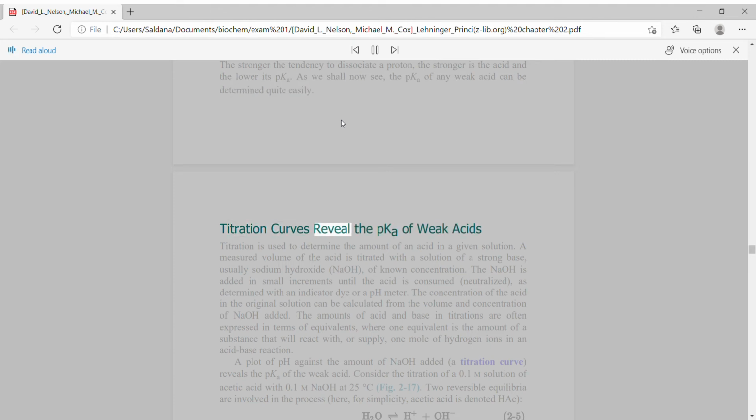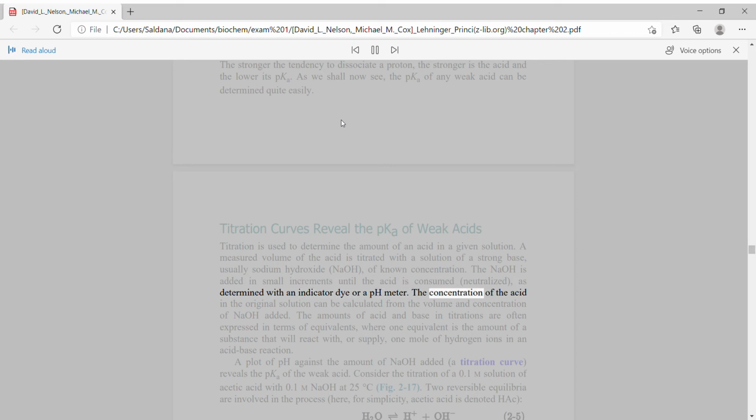Titration curves reveal the pKa of weak acids. Titration is used to determine the amount of an acid in a given solution. A measured volume of the acid is titrated with a solution of a strong base, usually sodium hydroxide, NaOH, of known concentration. The NaOH is added in small increments until the acid is consumed, neutralized, as determined with an indicator dye or a pH meter.